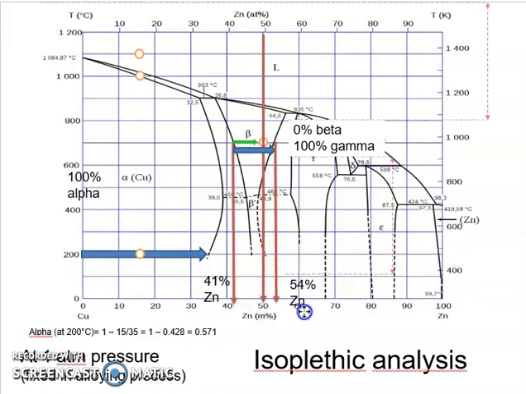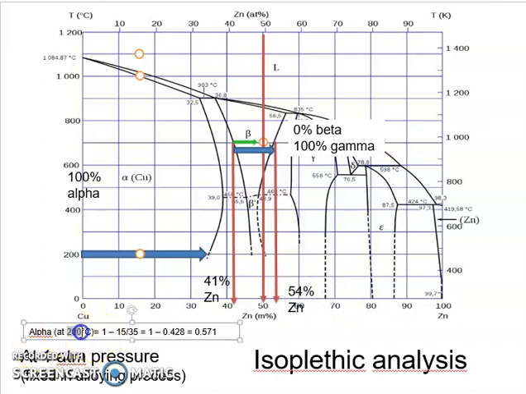Okay, 54. So let's obtain at 800 Celsius now the amount of beta, because we are cooling here at 50% of zinc composition. So 1 minus, and we need to do new calculations.